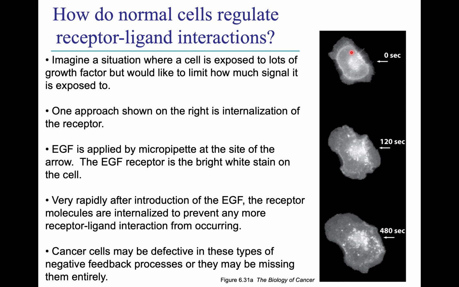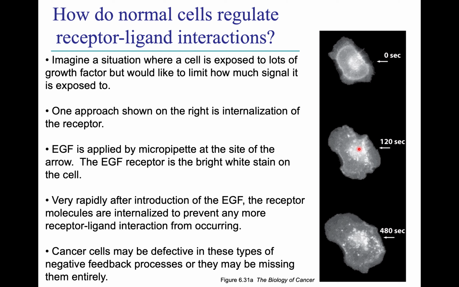And also just wanted to point out the way that cells would normally limit that receptor ligand interaction. So in this particular example, this is the epidermal growth factor receptor, which is being stained for. So this is the EGF receptor you can see in white here. And of course, it's located on the cell surface, on the plasma membrane. And what they're doing here is introducing a little pulse of epidermal growth factor. So as soon as it binds to the receptor, what you see happen here is the cell basically internalizes all of the receptor.